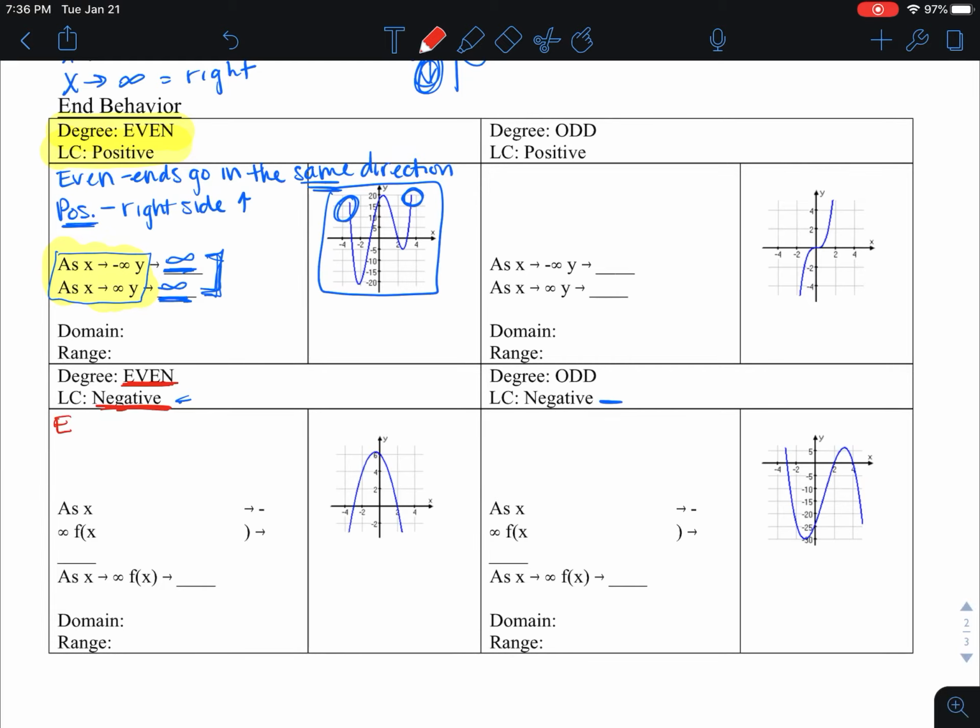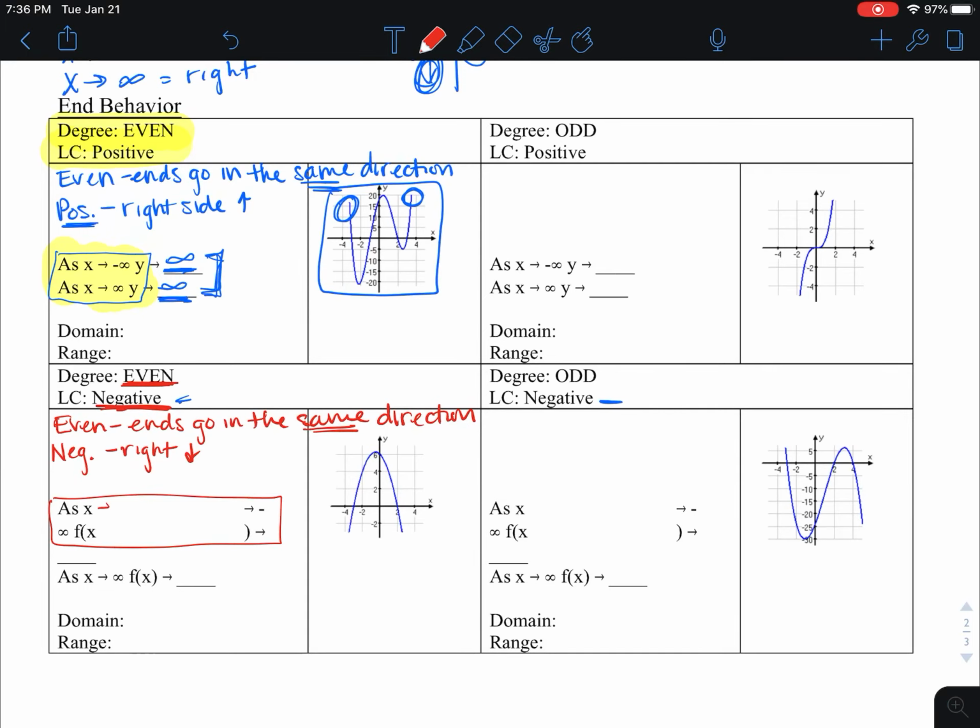Again, even means the ends go in the same direction, and if it's negative, that means the right-hand side goes down. I just noticed that my bottom doesn't look right. I will fix it for you, so yours should look right.